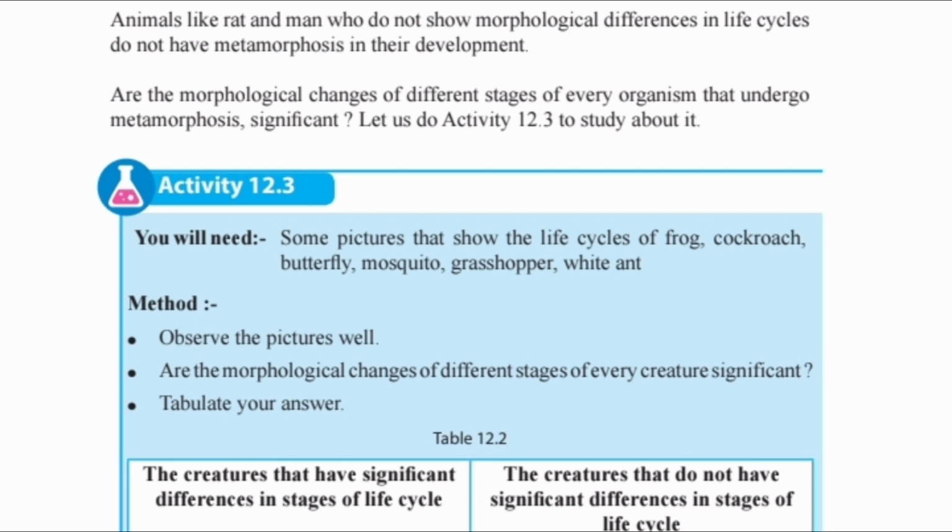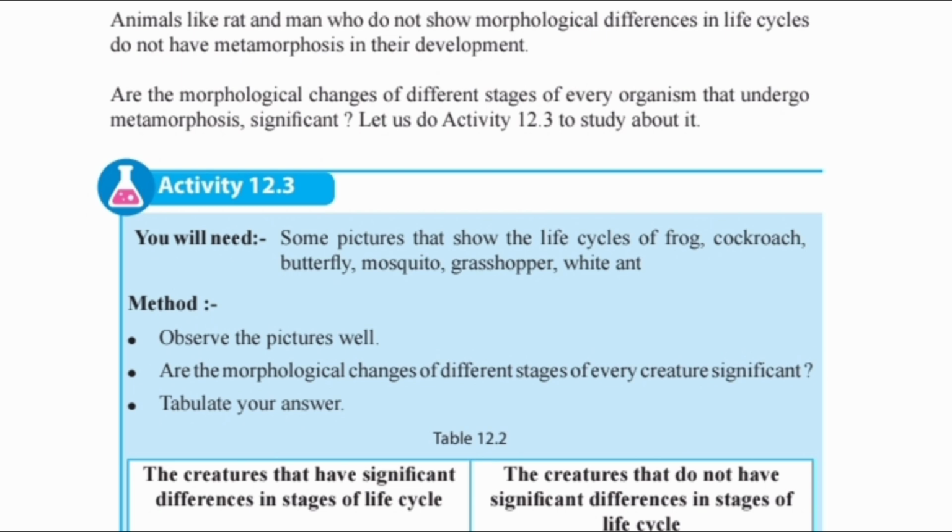Activity 12.3. You will need some pictures that show the life cycle of frog, cockroach, butterfly, mosquito, grasshopper, and termite. The first column is the creatures that have significant differences in stages of their life cycle.